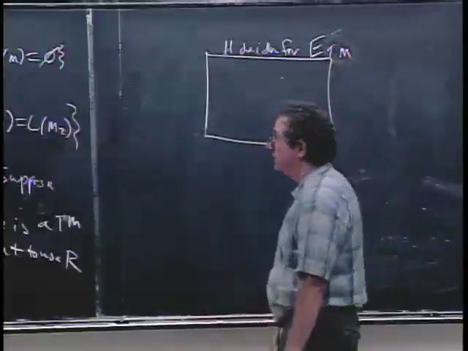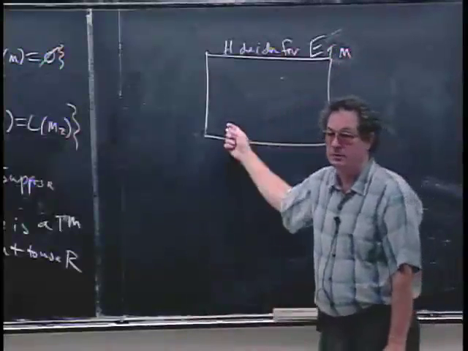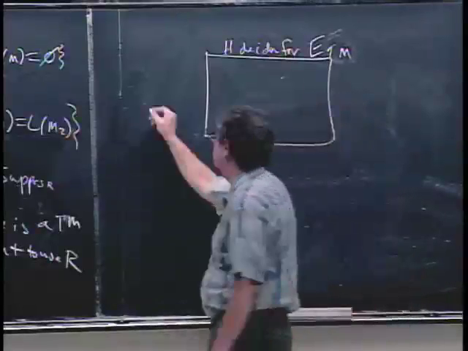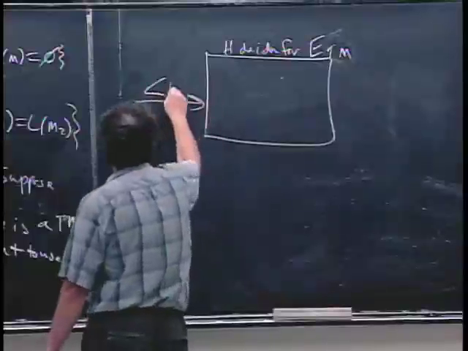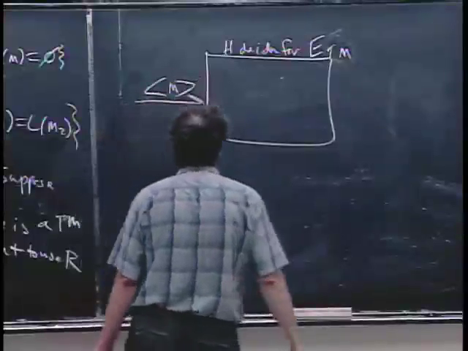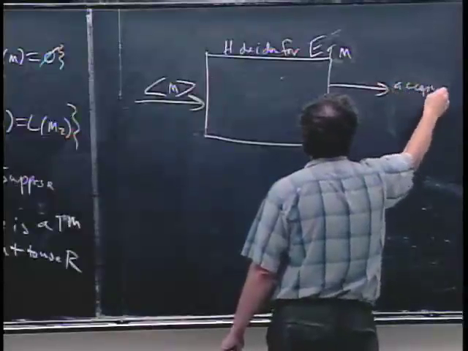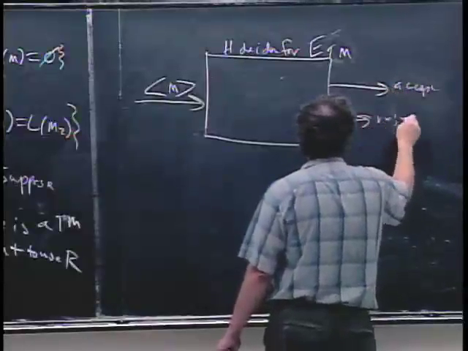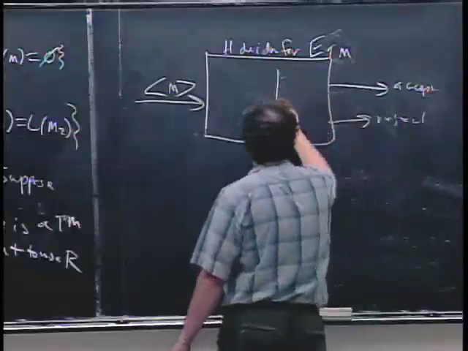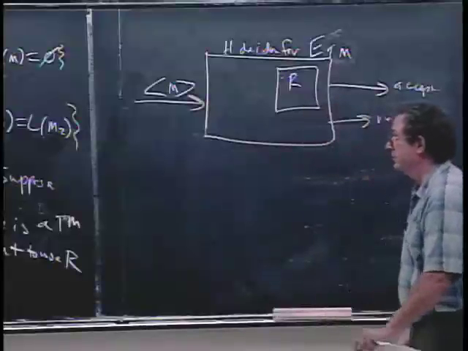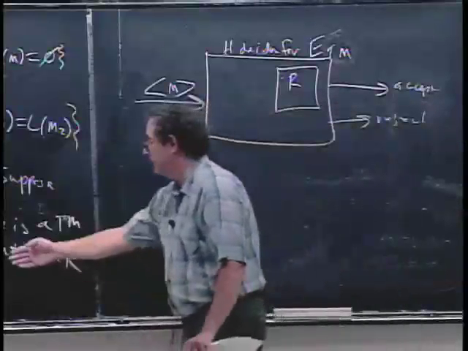What's the input to this box H look like? Yeah, it just takes in descriptions of Turing machines. Then we need an accept and a reject, and inside here we're going to have this R, the supposed R, which can decide EQTM.